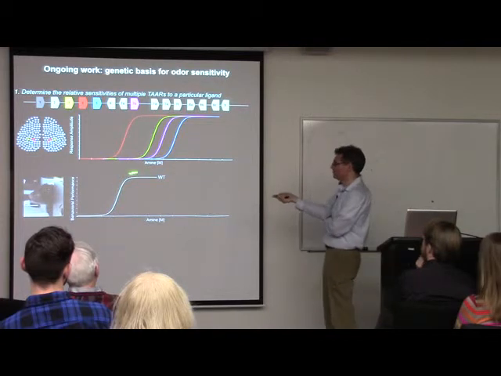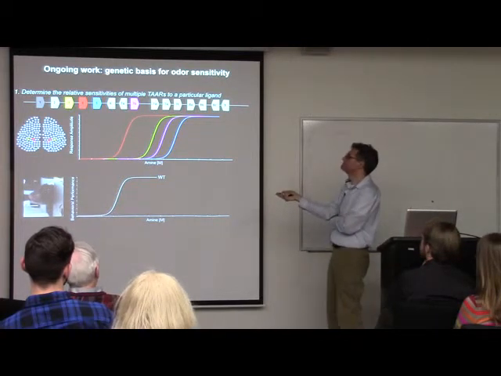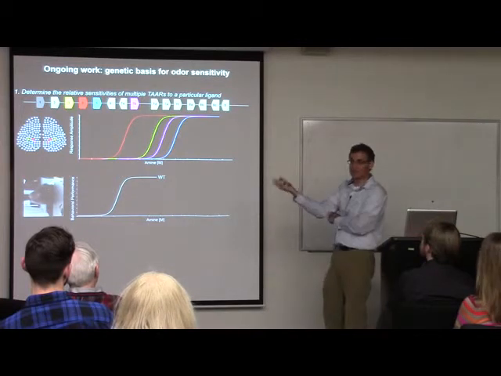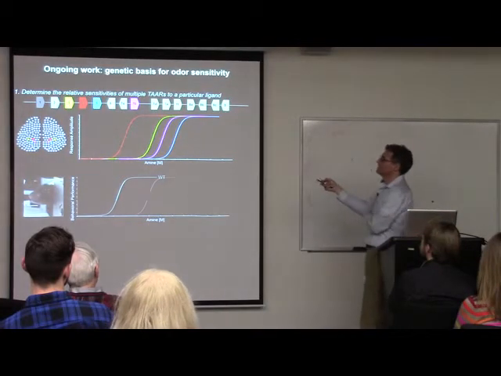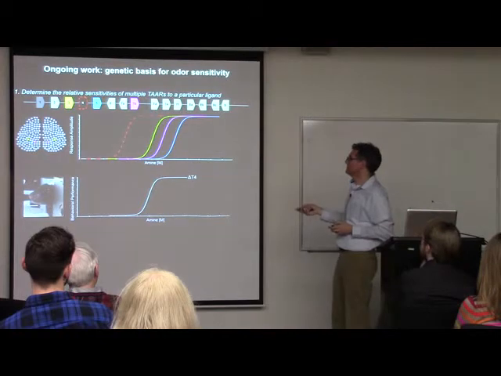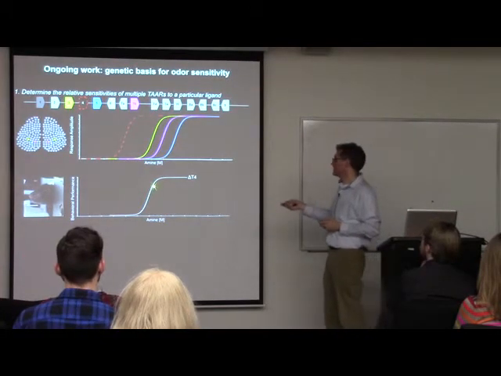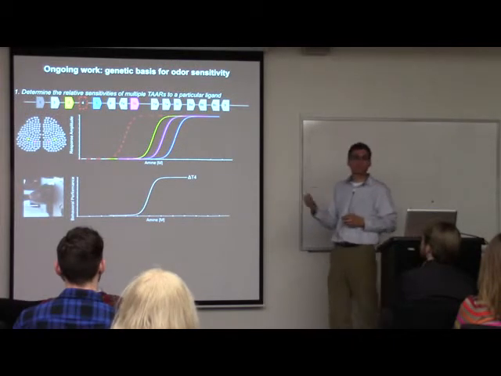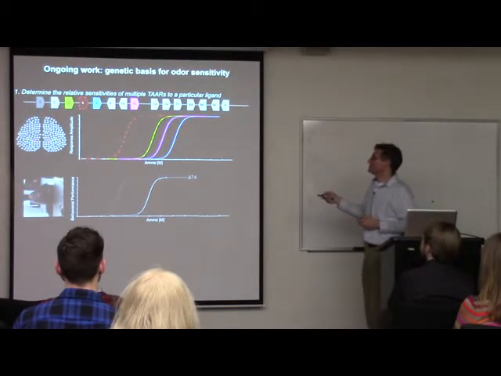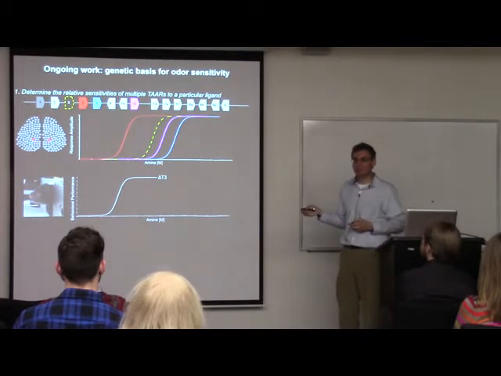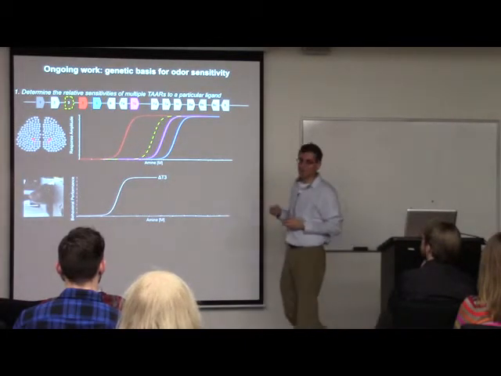A wild type animal will have some sensitivity, which will be dictated and will somehow relate to the sensitivities of the receptors the animal has. If you delete, let's say, TAR4, the question is, what happens to the sensitivity of the animal? Does it default to the sensitivity of one of these other receptors? If you were to, for example, remove the second best receptor for phenylethylamine, will it change the threshold of the animal?